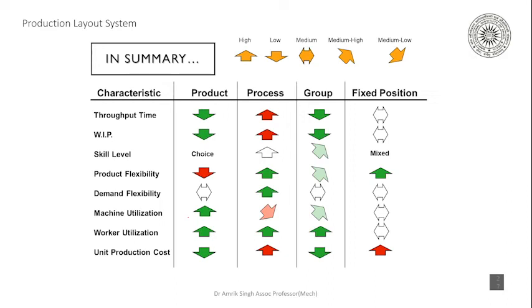Now, in the summary, we can say, you see, these are the characteristics: product, process, group, and fixed position. This indication is for high, this indication is for low, this is for medium, this is for medium to high, and this is for medium to low.